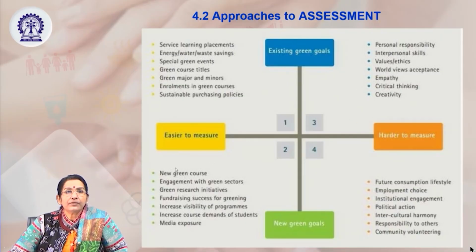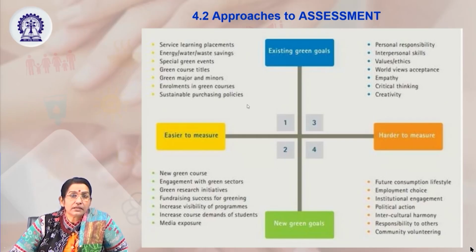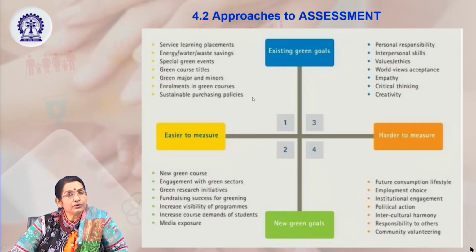Similarly, course effectiveness and fundraising success can be easy to measure in the beginning stage, but towards the future implications, again we have to identify the right assessment tools and techniques. So, if you categorize these attributes in this way, then either we use the techniques and tools available, or we have to frame the survey tools and assessment tools. We have to be very clear about measuring all these aspects, then we can have a very clear picture of the progress that we have made.